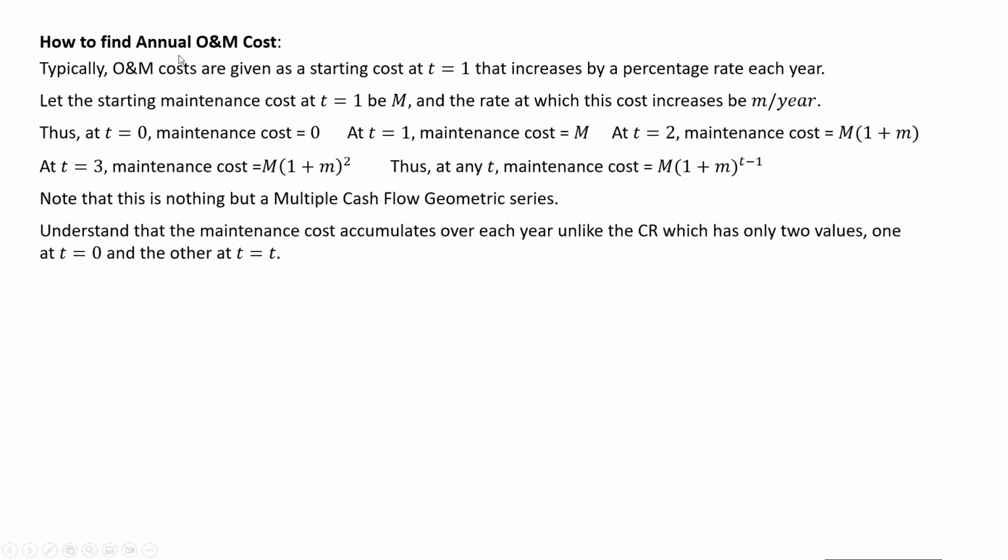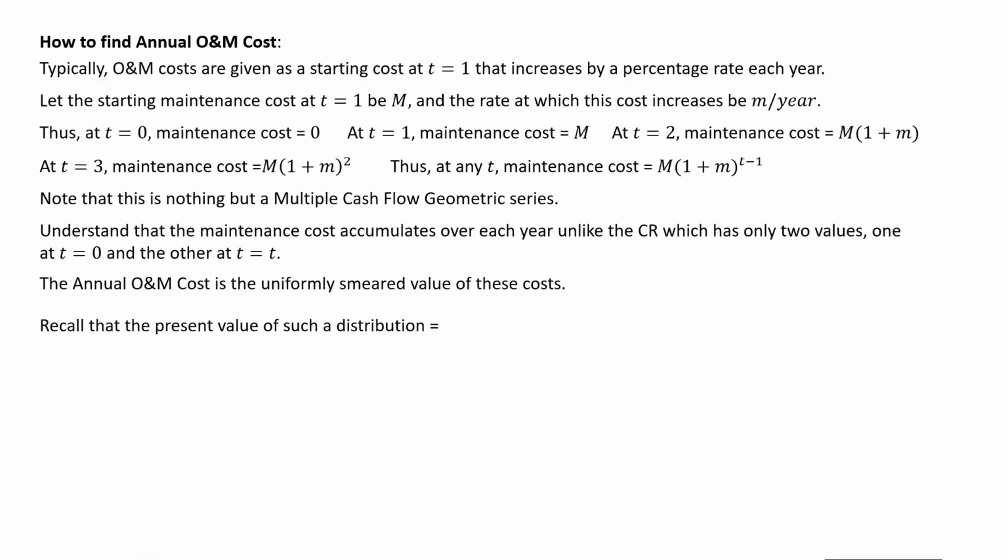And then what is this annual O&M cost? You take all those cash flows and find a uniform annual cost based on that, basically smearing all of that over the t years. That is what this annual O&M cost is, the uniformly smeared value of these costs.